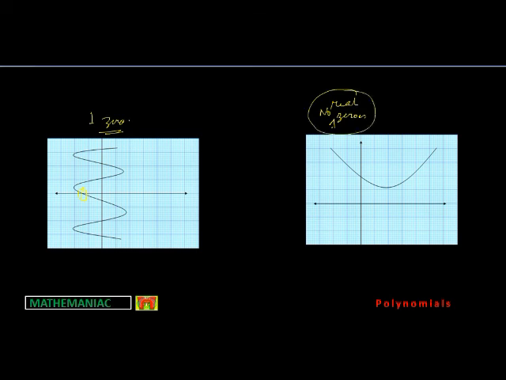So does it mean that it doesn't have any degree? No, it has. What type of curve is it? Can you identify? It is a quadratic parabolic curve. A parabolic curve is always representing a quadratic polynomial.